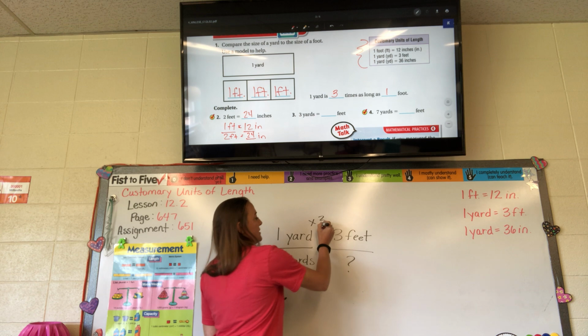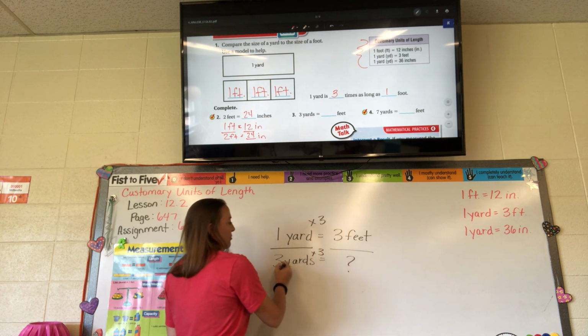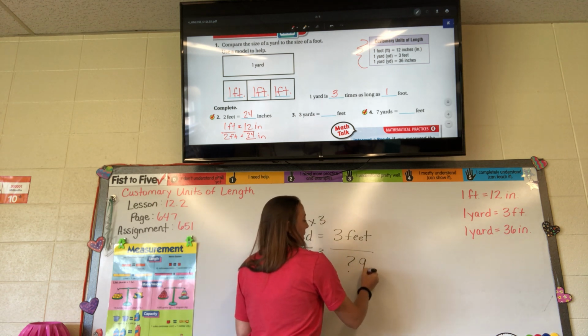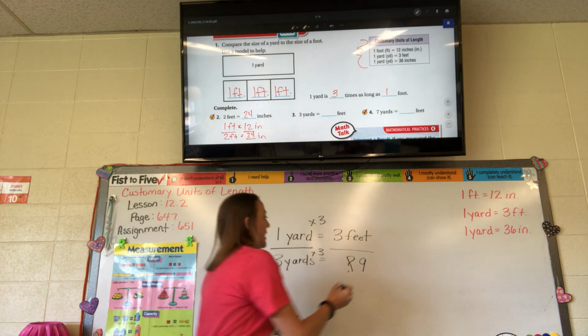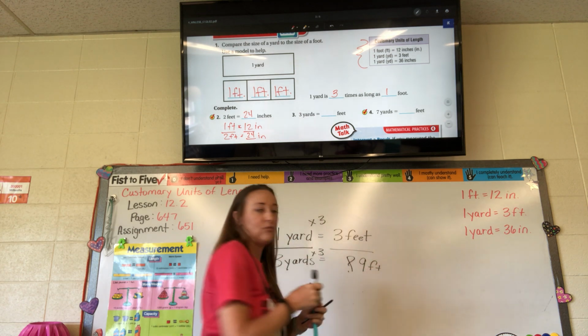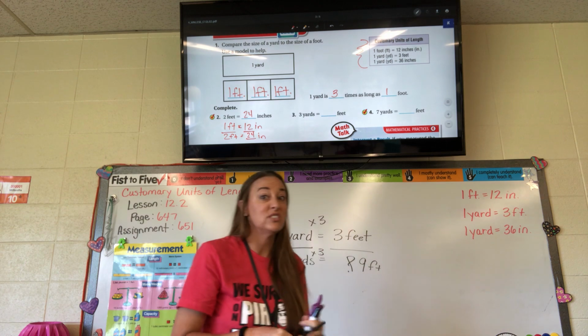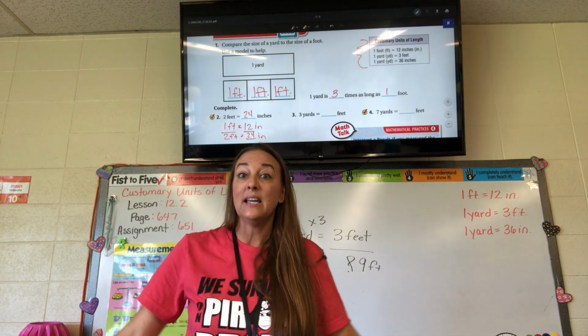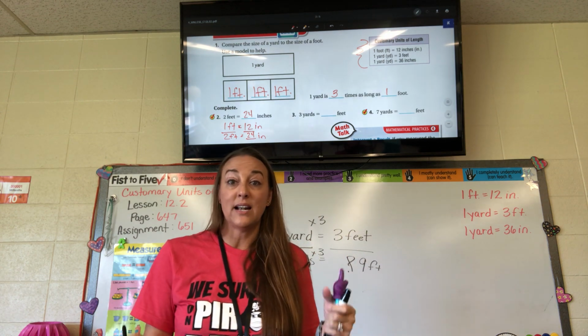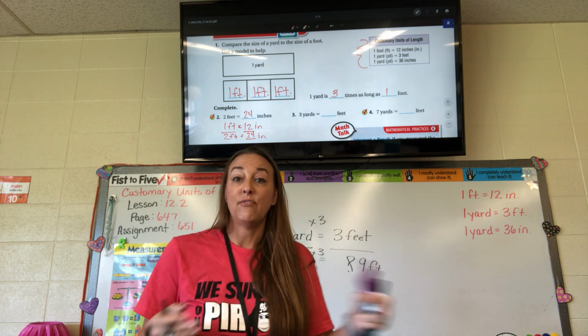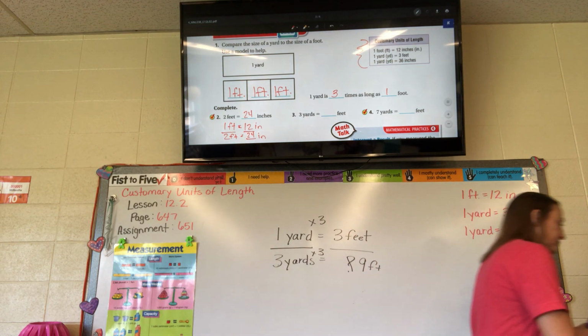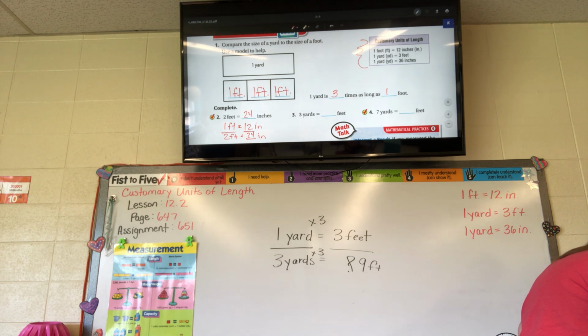And if you do it to the top, you do it to the bottom. 3 times 3 is 9. So 9 feet in 3 yards. Pretty cool, right? You can do this with any measurement comparison. You can set it up like a fraction and find the equivalent, okay? So what we did was we went 1 yard equals 3 feet. So 3 yards would equal 9 feet.